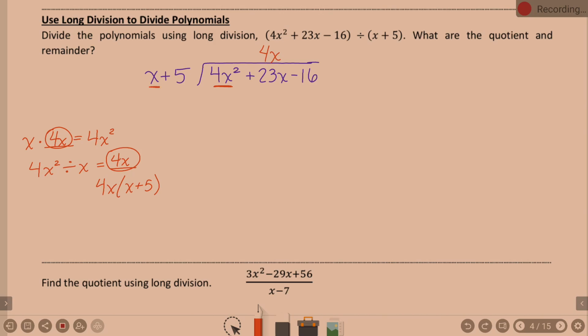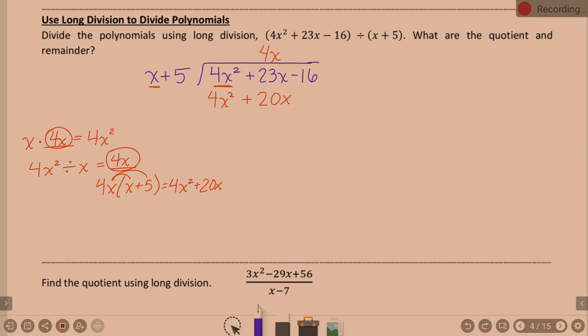You're doing 4x times x, which is 4x squared. 4x times 5, 20x. Okay, so you with me? 4x times x was 4x squared. 4x times 5 is 20x.